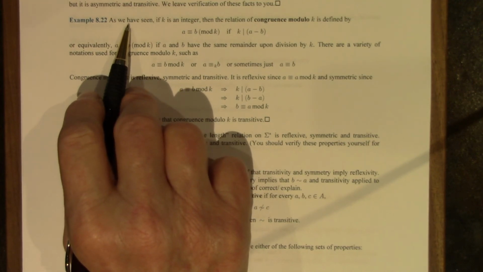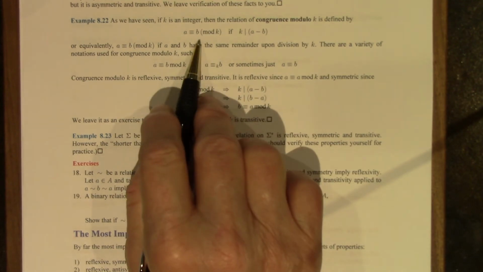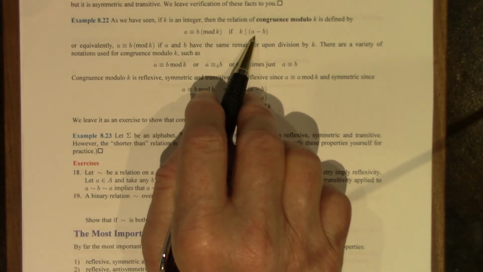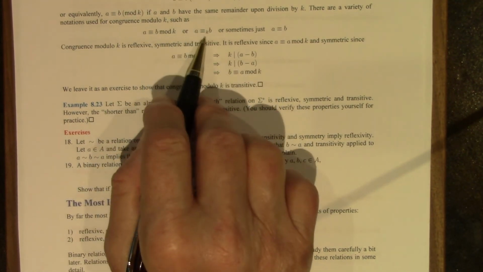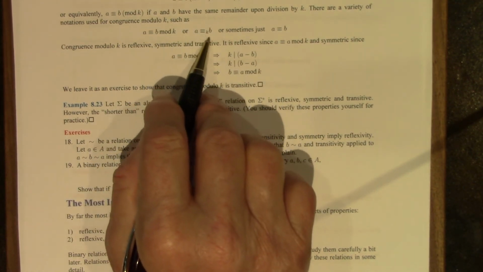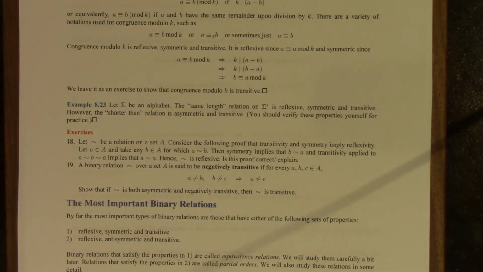Another example, we've already discussed congruence mod k, defined this way. And there are some other notations. Sometimes we can just write the three lines here with a subscript k. Congruence mod k is reflexive, symmetric, and transitive, just like equality.